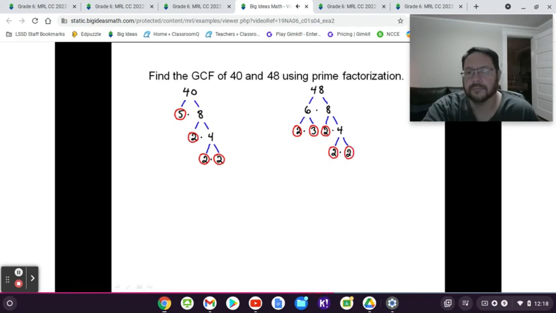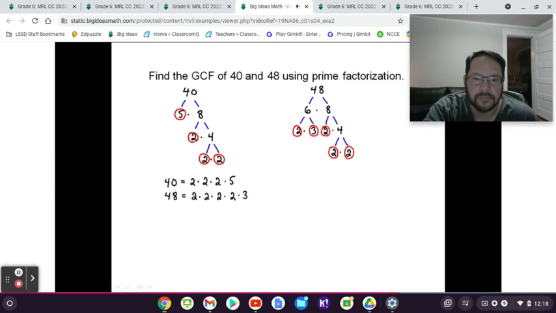Next, use the factor trees to write the prime factorization of each number. From the factor tree for 40, the prime factorization of 40 is equal to 2 times 2 times 2 times 5. And from the factor tree for 48, 48 is equal to 2 times 2 times 2 times 2 times 3. Next, circle the common prime factors.